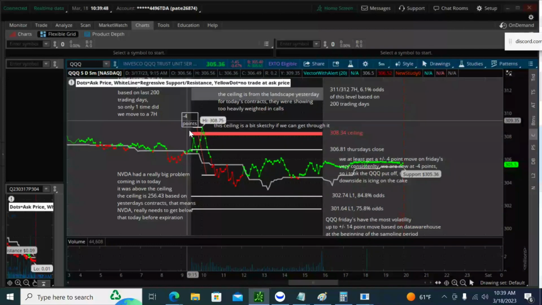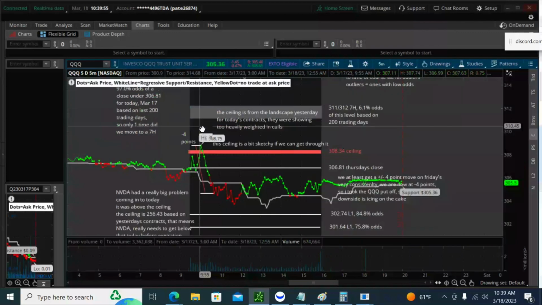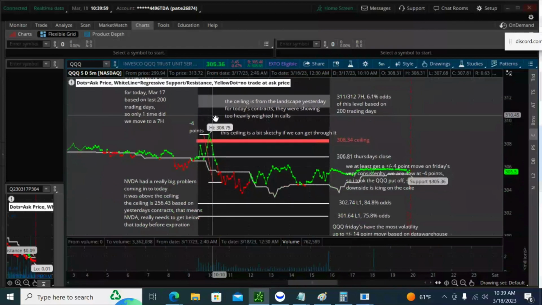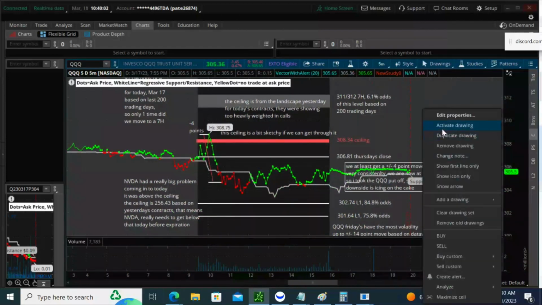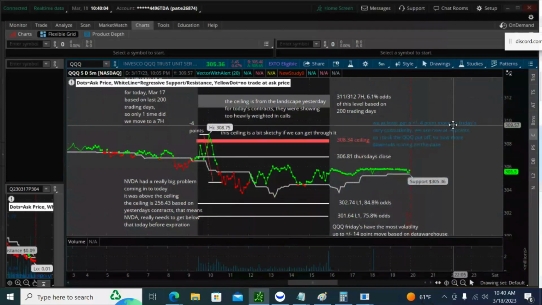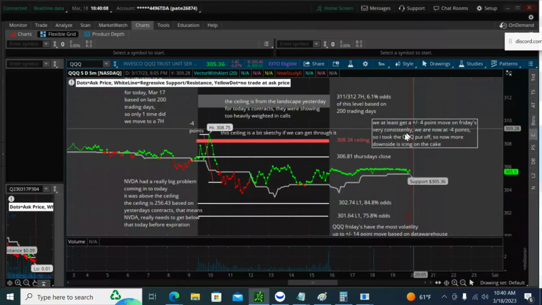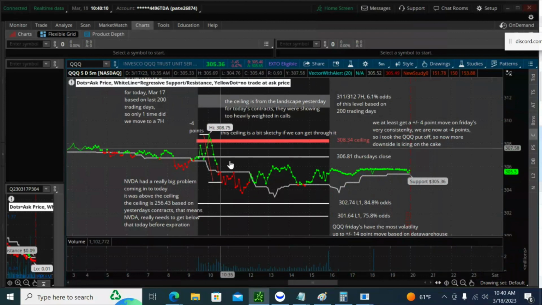And then I can't remember if I put our average on here, but let me see what we at least get. So I put it in the text here. I looked at what the minimum was, and at least we usually get a 4-point range from low to high. And it was actually a little bit more because we got to 306.29.